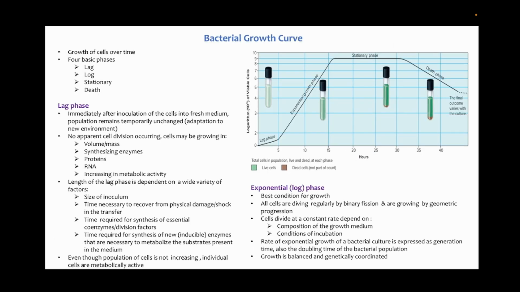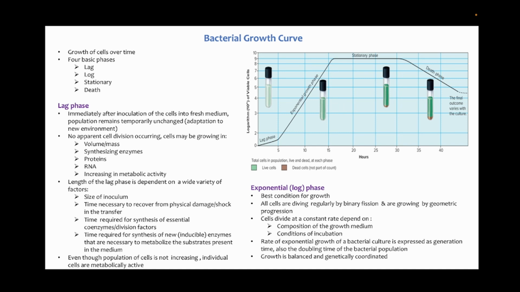The length of the lag phase depends on how similar the environment is to the one that it was growing in before. Because the bacteria has to spend time to synthesize new enzymes, new processes, so that they can take up the nutrients in the new bottle, new test tube here.